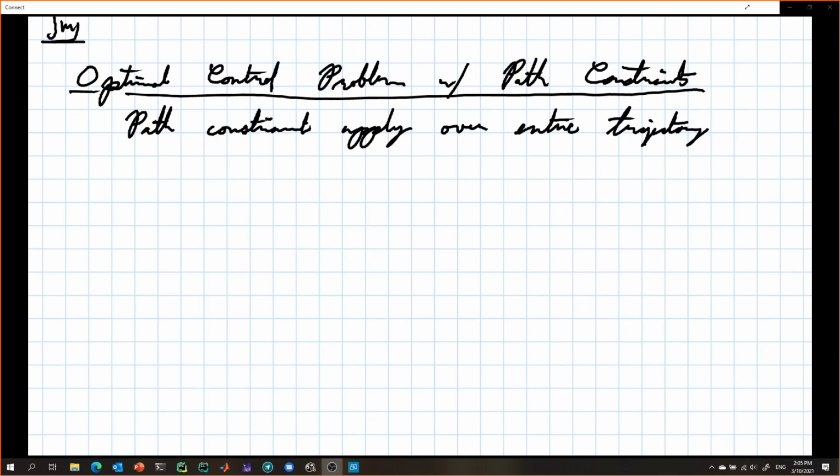So as we start, we're going to build up, and where we're going to start is integral path constraints.